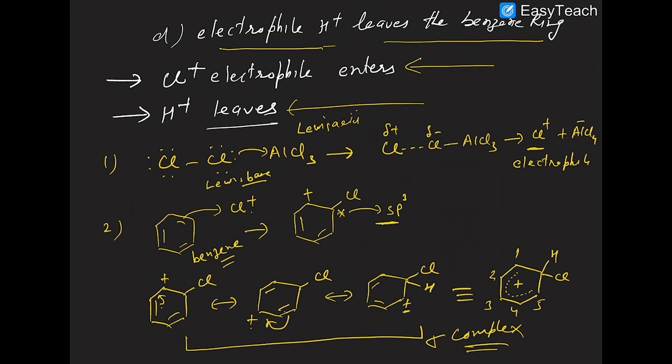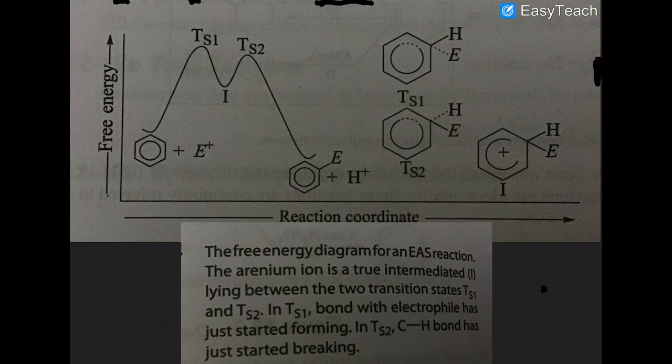So one can say that an electron releasing group will promote the electrophilic substitution reaction, while an electron withdrawing group will decelerate the reaction.